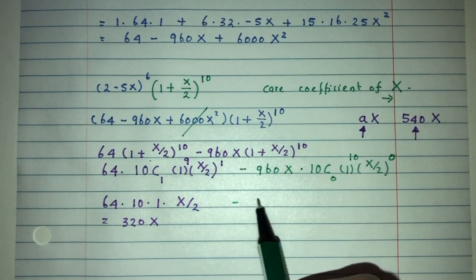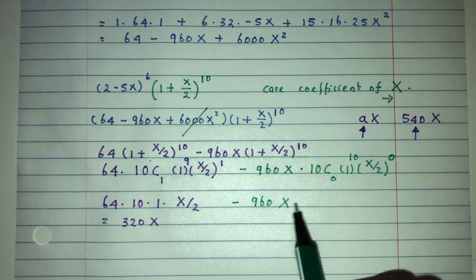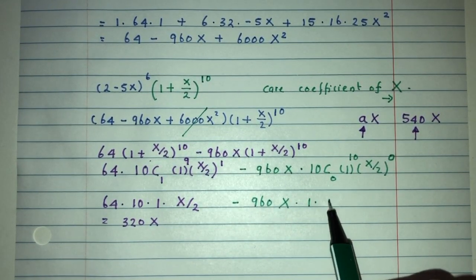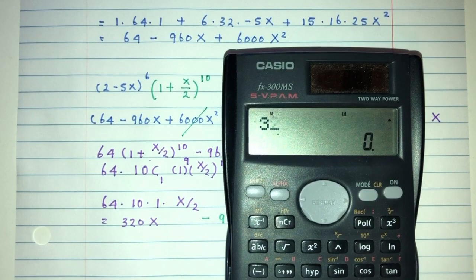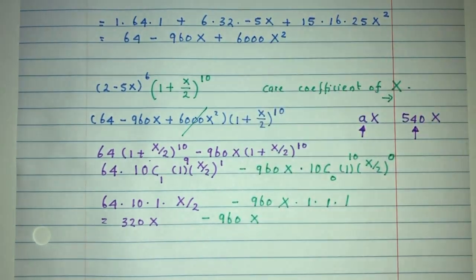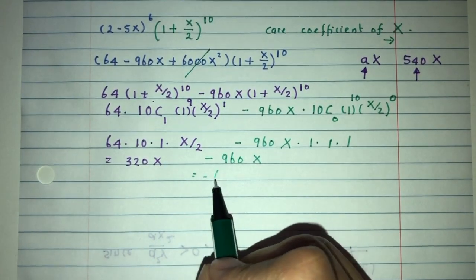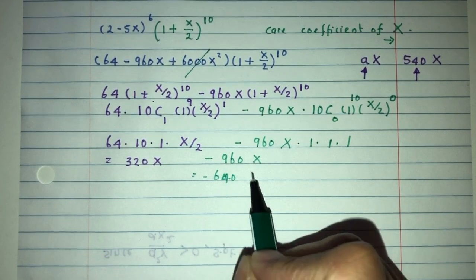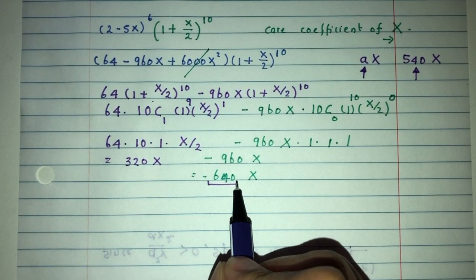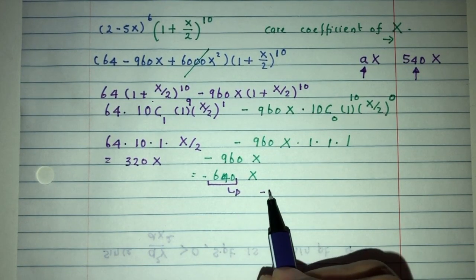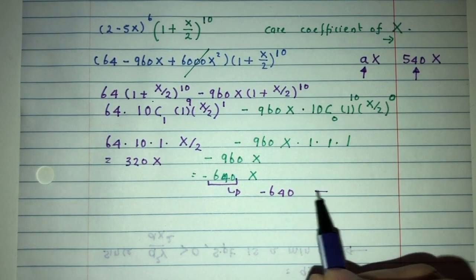Simplify, minus 960x times 1 and 1. So your answer will be 320 minus 960, that will be minus 640x, but the answer will be only the 640 part because that is the coefficient of x. The answer is minus 640 for that part.